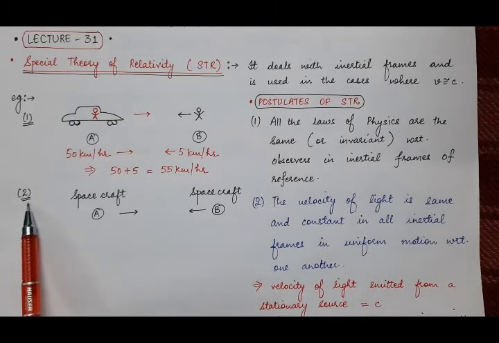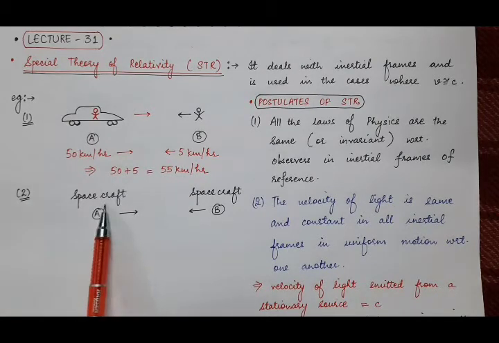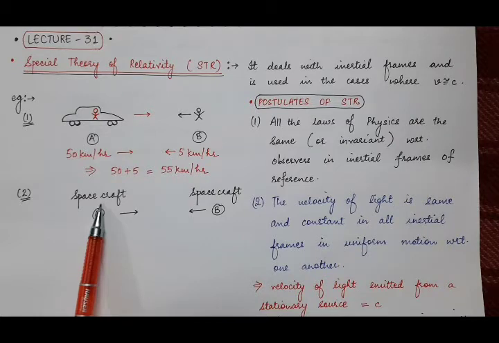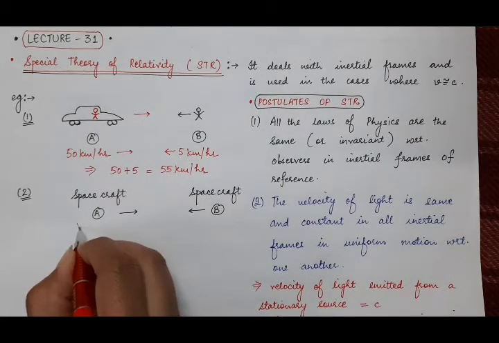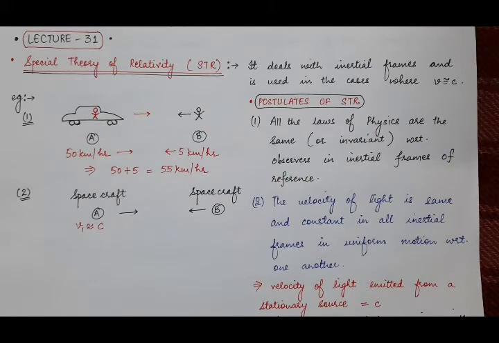Now what about the spaceship? Suppose you are traveling in spaceship A, and this spaceship moves at a very high velocity comparable to the velocity of light, that is c.